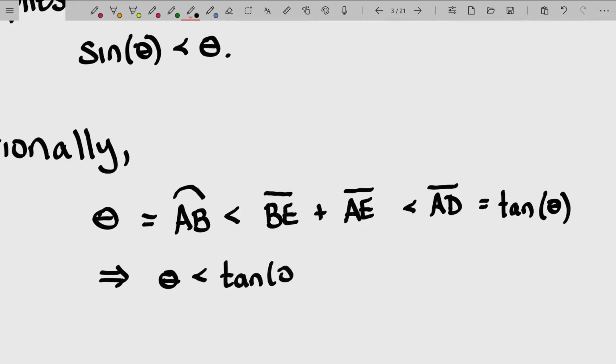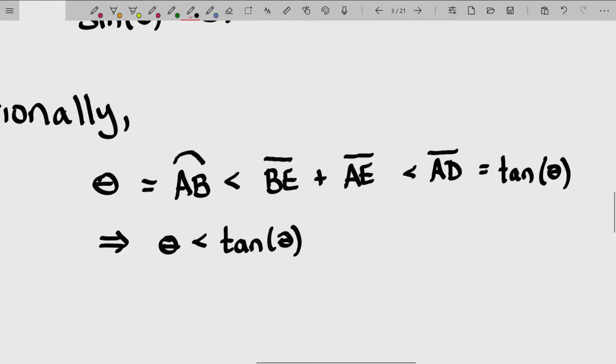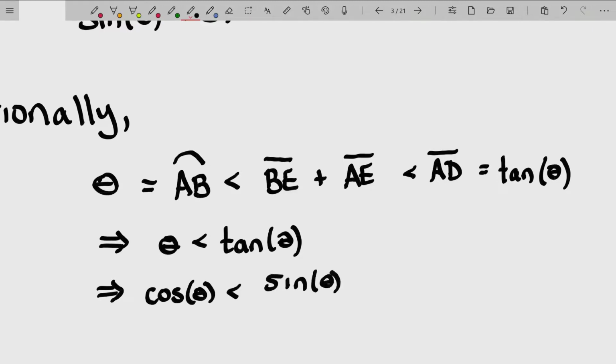Well, that's pretty good, I guess. And let's see what we could do here. Let's go ahead and multiply both sides by cosine and divide both sides by theta. We're in quadrant 1, so there's no reason for these things to be negative. So if I multiply both sides by cosine of theta and divide both sides by sine of theta, I get the following.